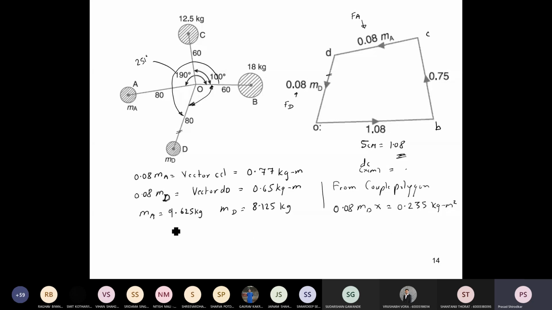Now in this md is known, md is 8.125. So substitute md as 8.125 and find out x, and that comes out to be 361.5 millimeters.